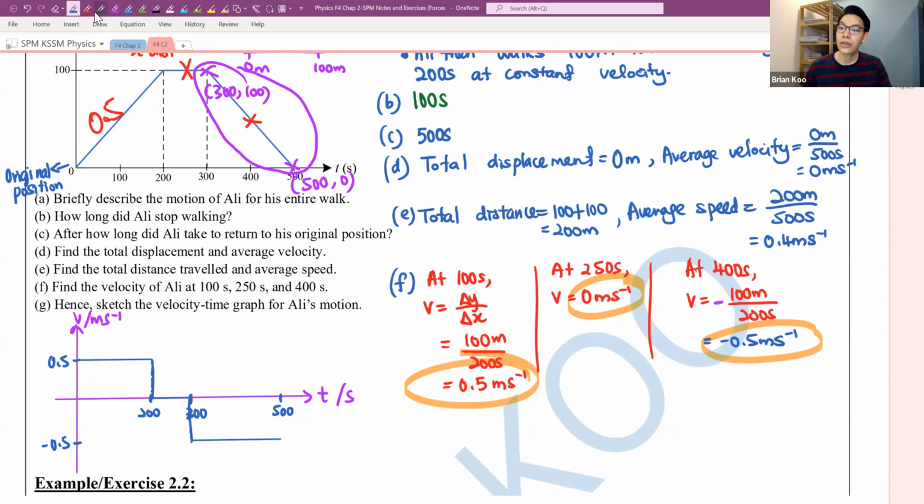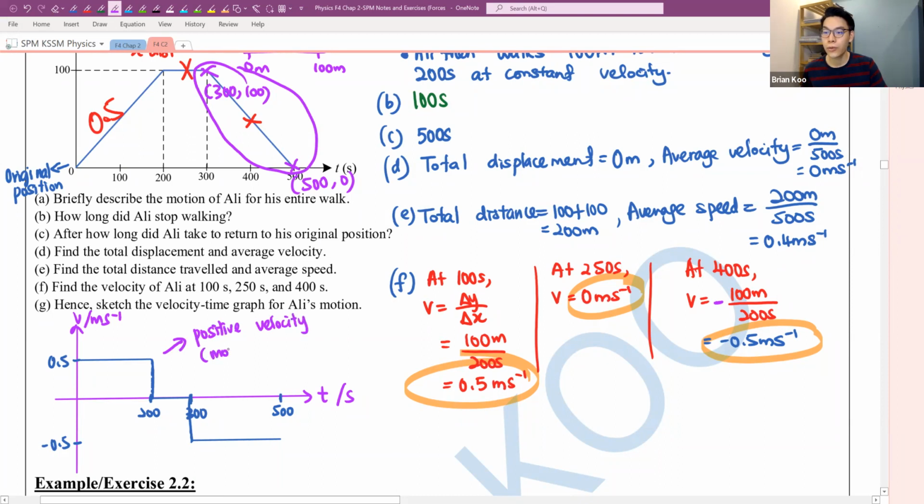I just want you guys to know, this is done already, the whole question. I just want you guys to know that positive velocity means move to the right. Negative velocity means move to the left.